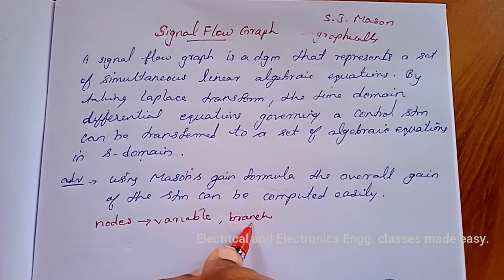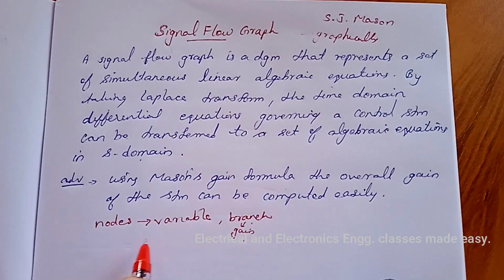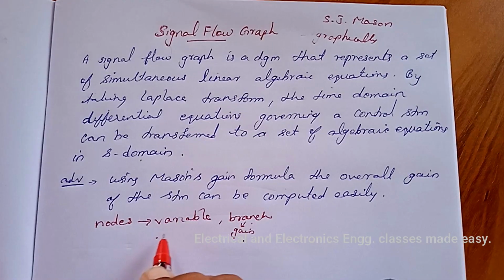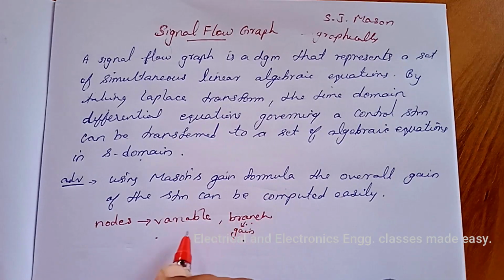Each branch has a gain or transmittance. When the signal passes through a branch, it gets multiplied by the gain of the branch. And the signal flows in only one direction. The direction of signal flow is indicated by an arrow placed on the branch, and the multiplication factor is indicated along the branch.